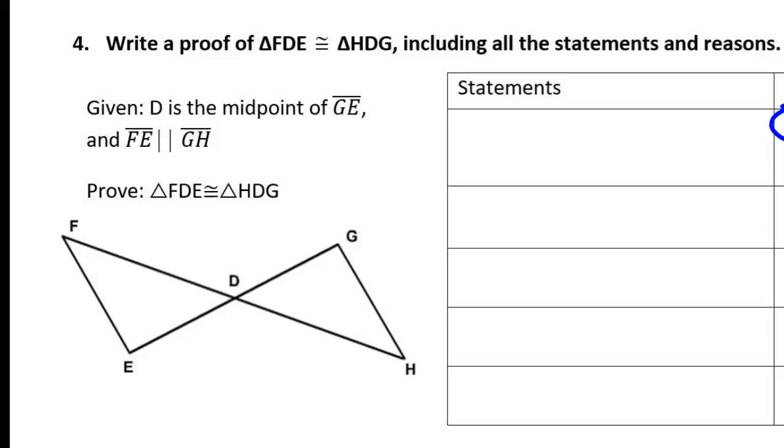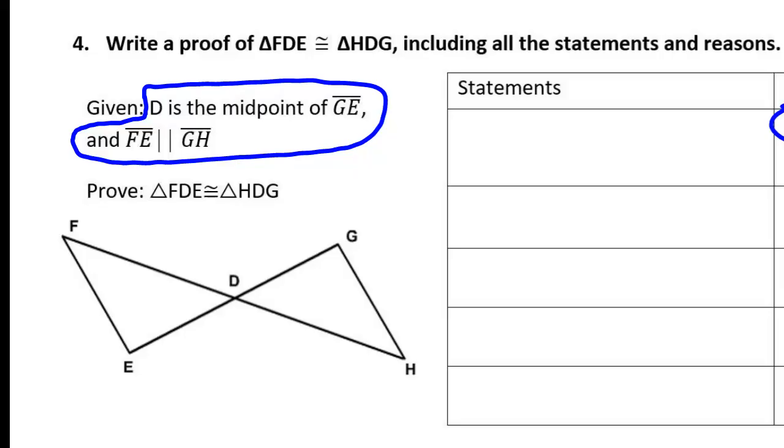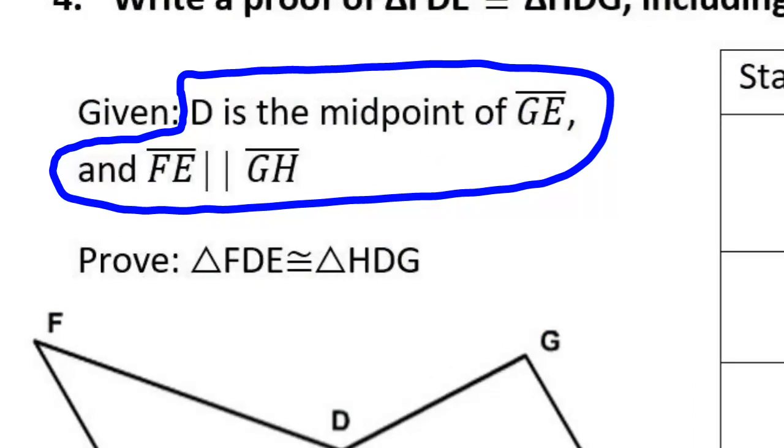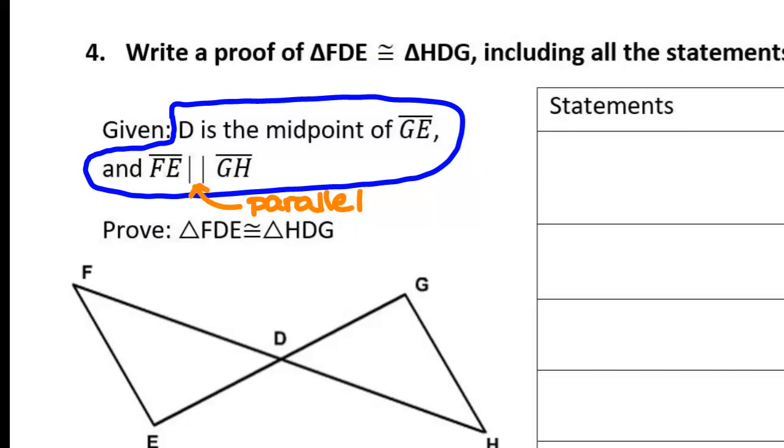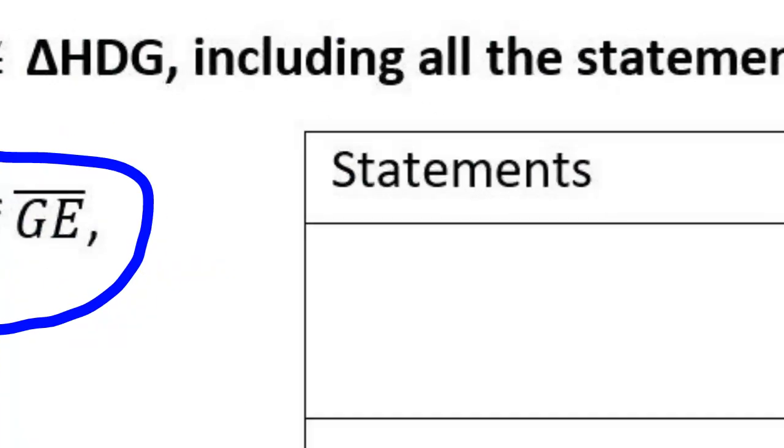D is the midpoint of GE. Anything else? Then it says segment FE is, what do these lines right here mean? It means parallel. So we have D is the midpoint of GE.